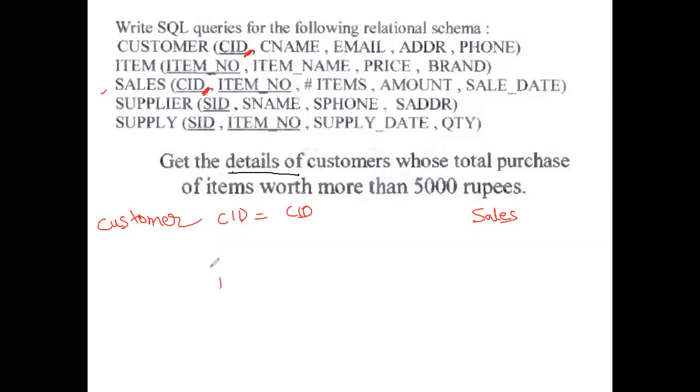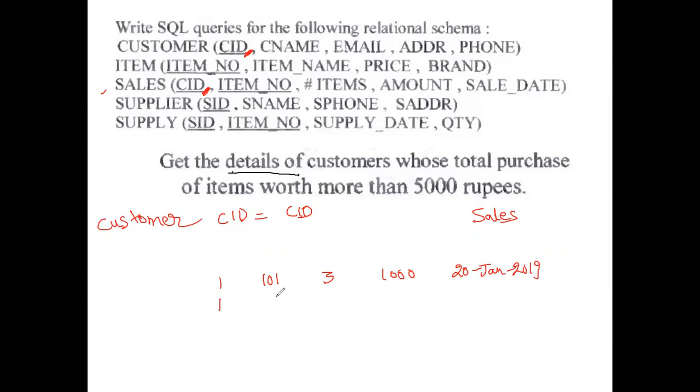So an example of entries would look like this. CID 1, item number 101, quantity 3, amount 1000 and sale date is 20th Jan 2019, like this.